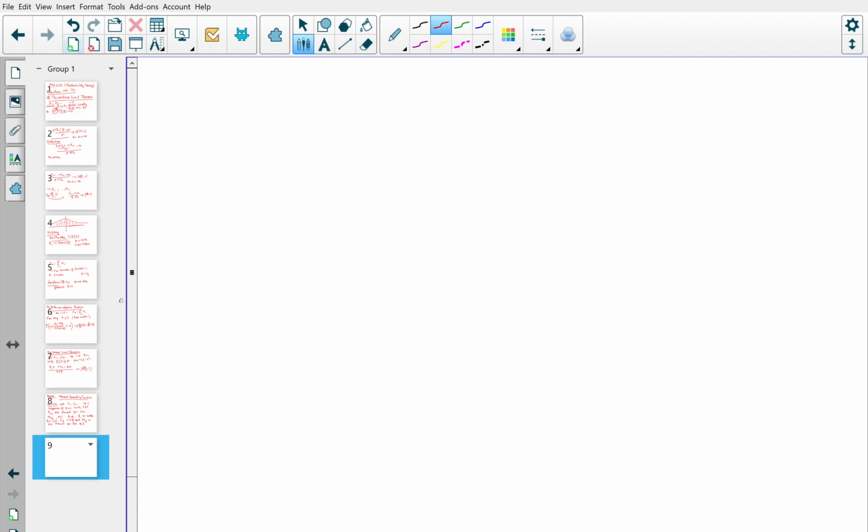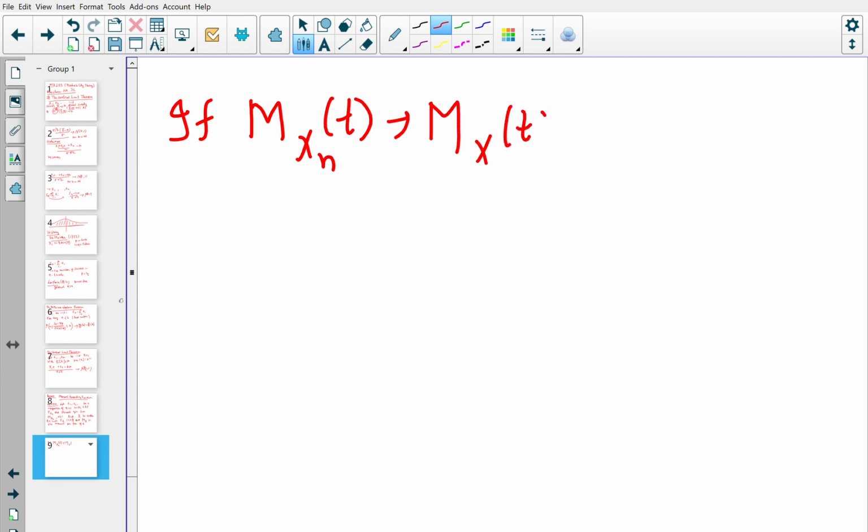Then, this is important: if the sequence of moment generating functions M_{X_n}(t) converges to the moment generating function of X, M_X(t), pointwise, what does that mean?